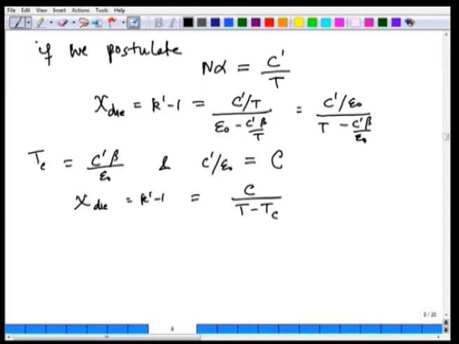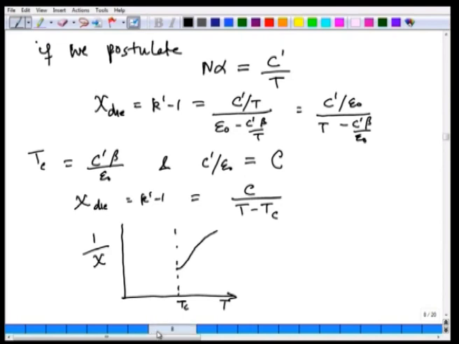Now what I can do is plot susceptibility versus temperature; in that case, 1 by susceptibility is what I want to plot. Remember what happens, let us say this is Tc, and this is going to go something like this. As we lower the temperature, susceptibility increases, and therefore 1 by susceptibility decreases, and at this point a phase transformation occurs.